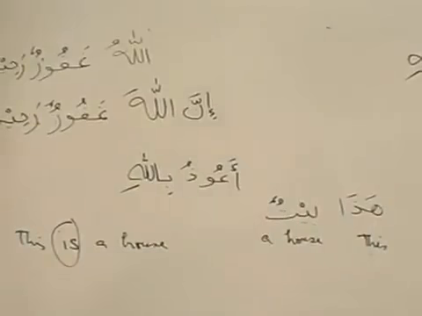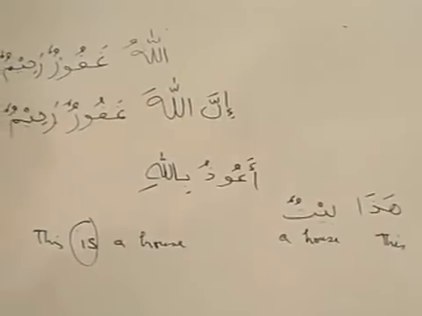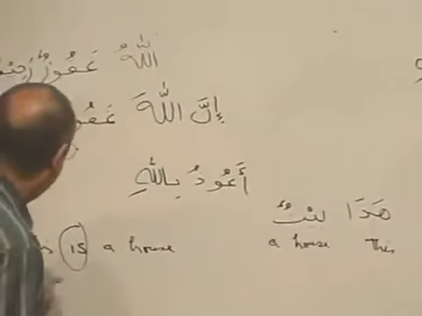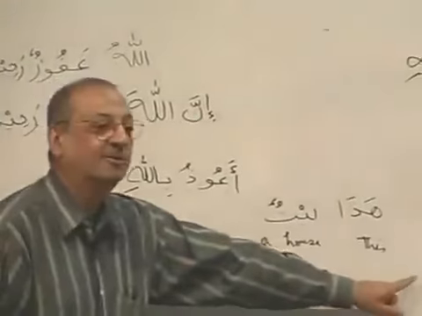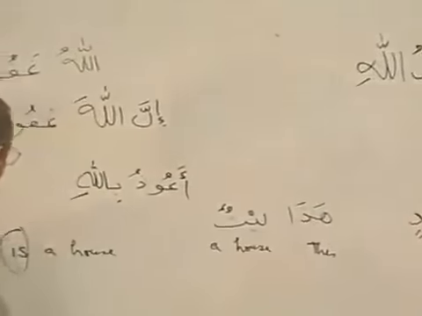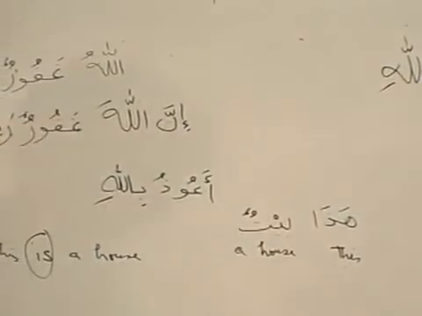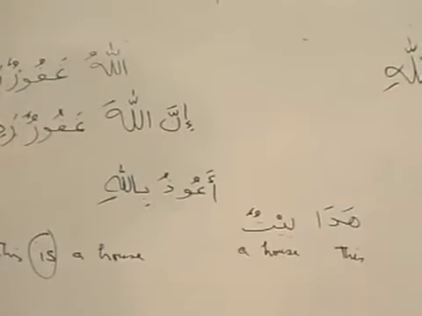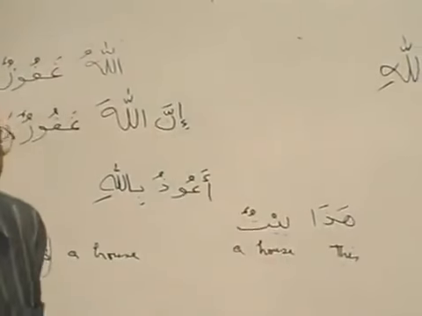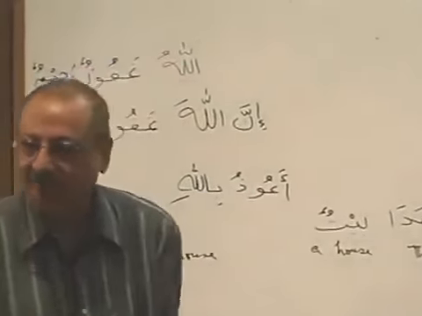Are you with me when I explain? Brother Muhammad? You say this, which is equal to Hadha. And you say a house, Baitun. What about is? So what is is? Okay, we go to English grammar.